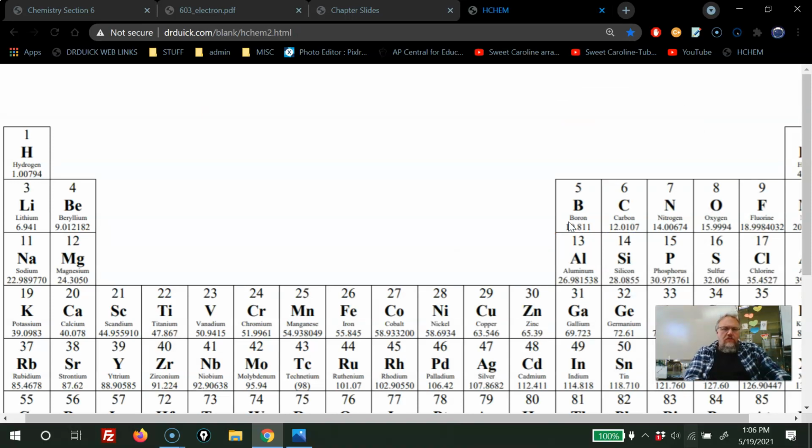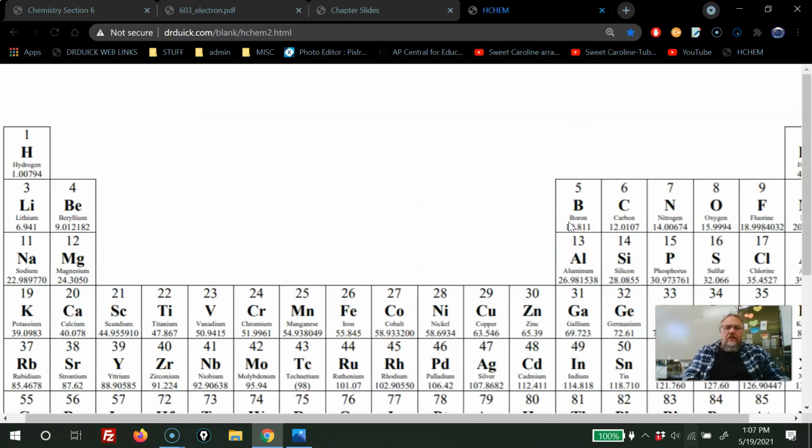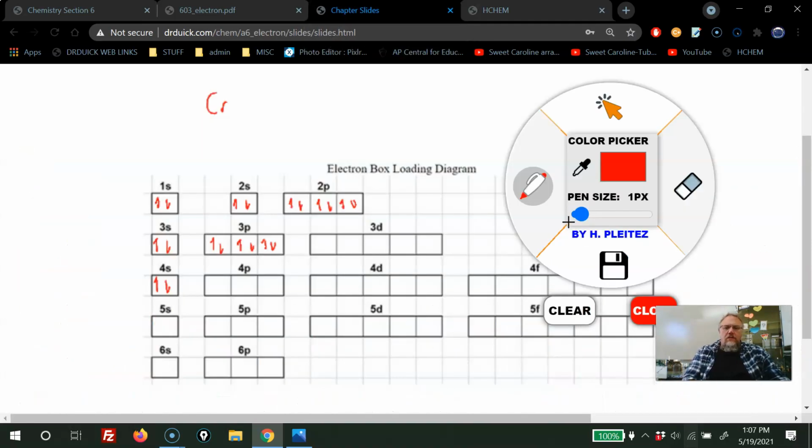This is 1, 2, 3, 4, 4s1, 4s2. So let's load these two guys in. 4s1, 4s2, right? Now, even though it says 4p, we're not going there now because this is the 3D. This row right here. So it's going to be 1, 2, 3, 4. So now we have, right, 3D, 1, 2, 3, 4.